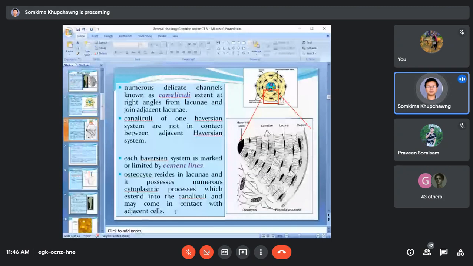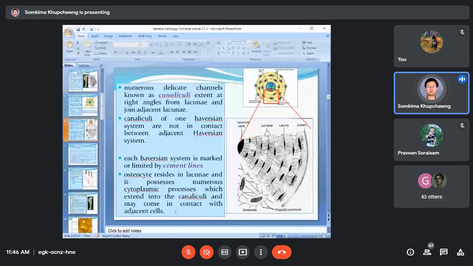Those canaliculi will again be in contact with the canaliculi of the adjacent lacunae. So the osteocytes may be in contact with the nearby osteocytes through their cytoplasmic processes.